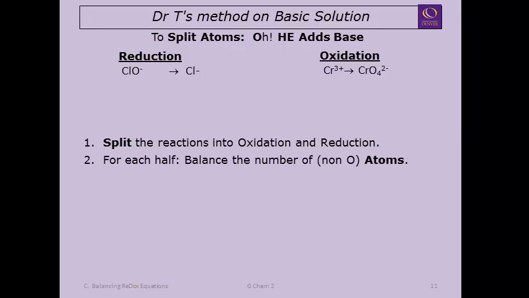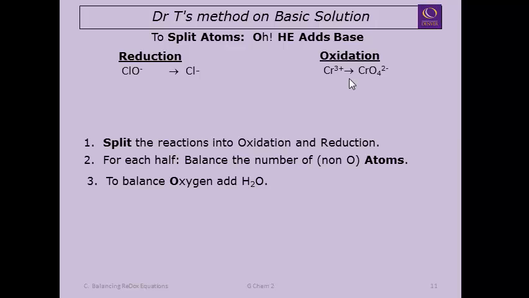For each half, don't go ahead and add electrons to this, it'll come. Balance the number of non-oxygen atoms. In this case, the non-oxygen atoms on the reduction side are chlorine, and they're balanced already. The oxidation non-oxygen atoms, not oxygen, are chromium, and they're balanced already, so you move to the next step.